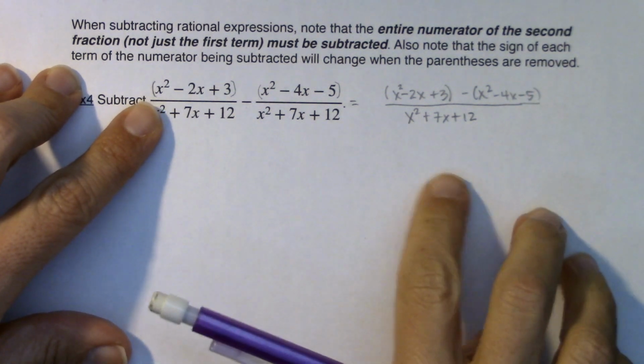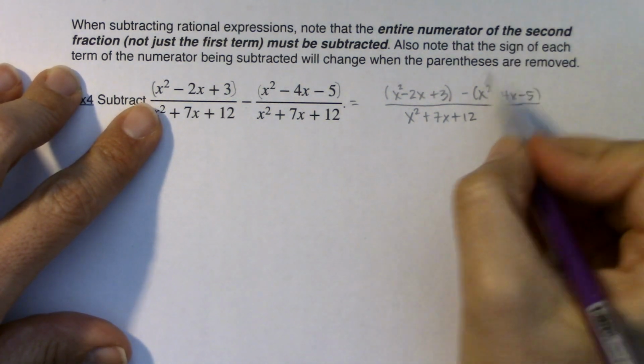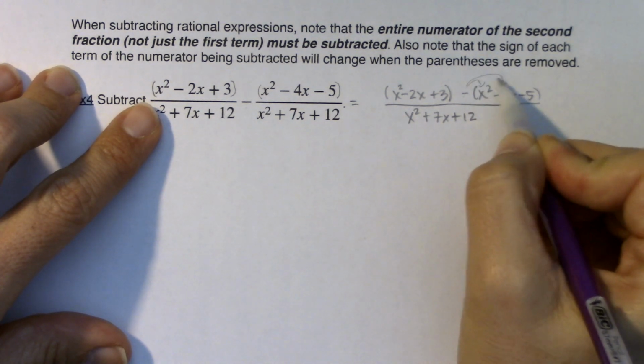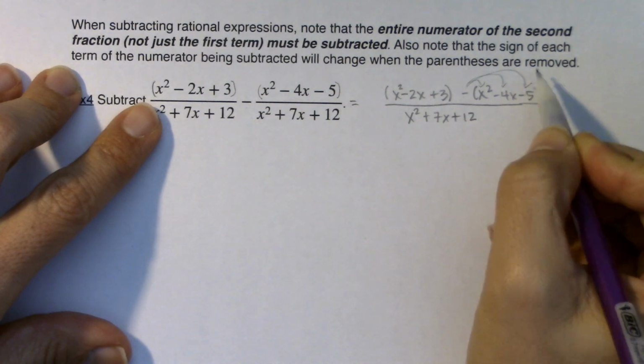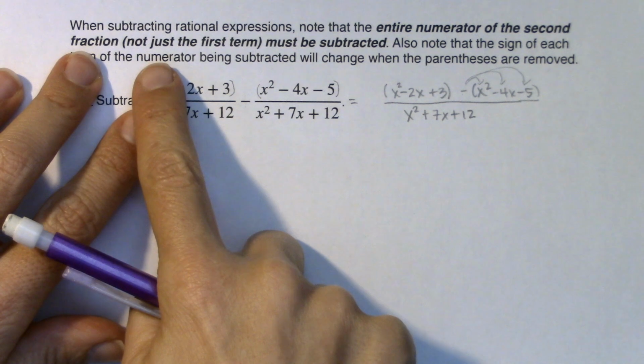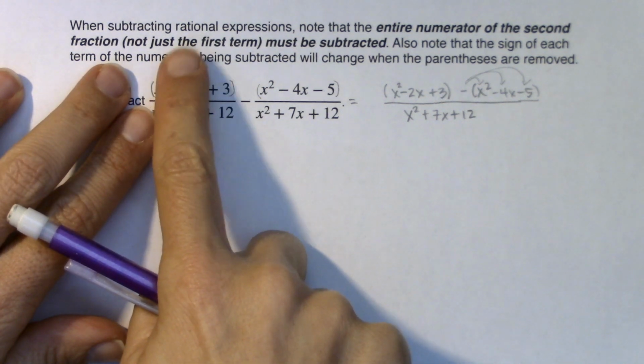Right? And so we want to just make sure we're distributing this subtraction not just to the x squared, but to the negative 4x and the negative 5 as well, right? So the entire numerator of the second term needs to be subtracted, not just the first term.